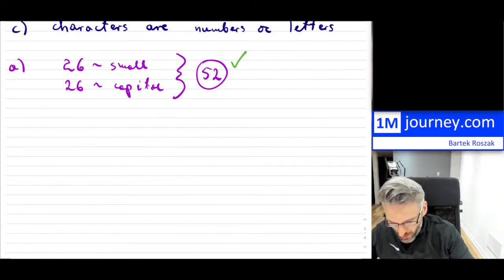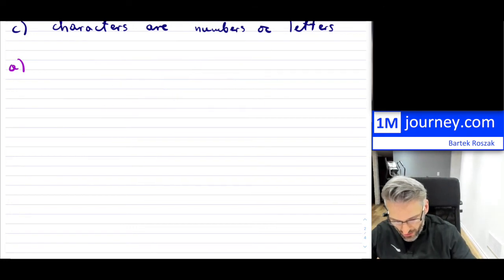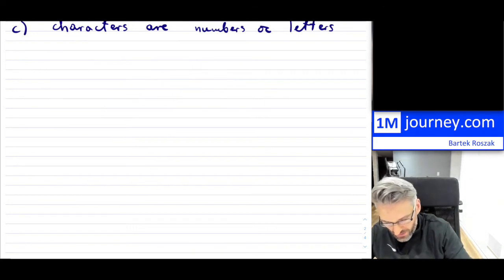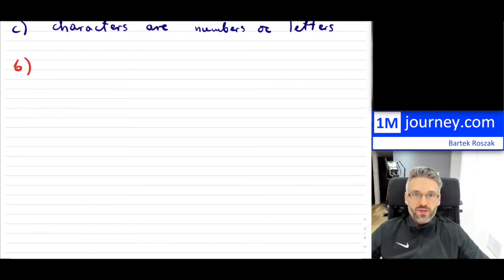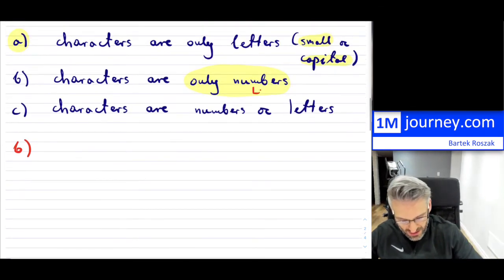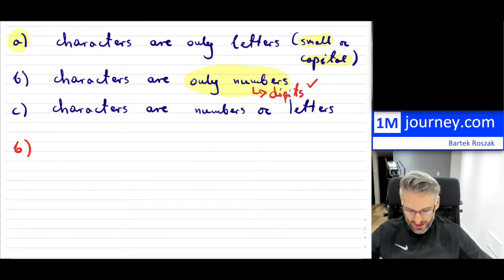So if I remove this and say they're only numbers, so this is B instead of A, well, how many numbers? Let's assume that they mean digits right here. So each character is a digit, not a number.